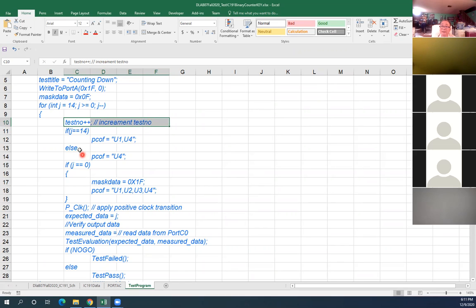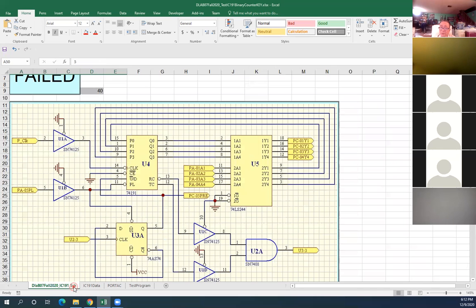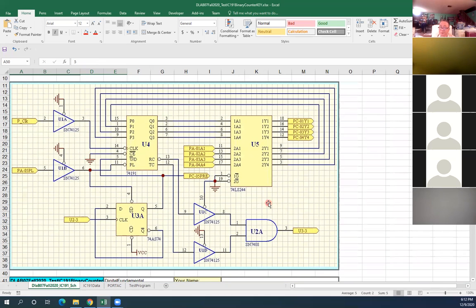Now, they say it right here: if j equal 14, that means the first counting, you want pickup to be 1 and 4. Else, that means after that, I want pickup only number 4. Okay? This is software. Okay, that will be counting down.